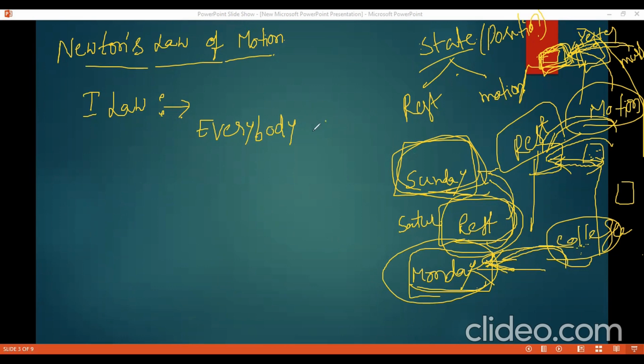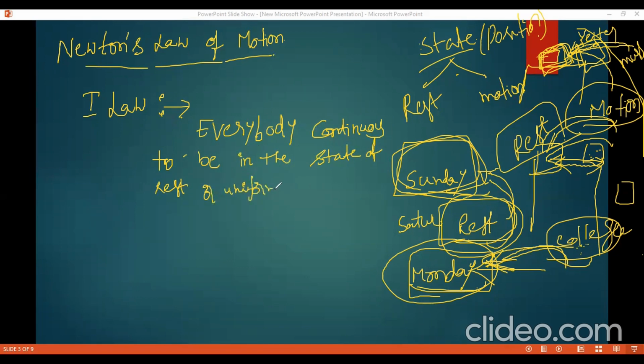Like this, everybody continues to be in the state of rest or of uniform motion.